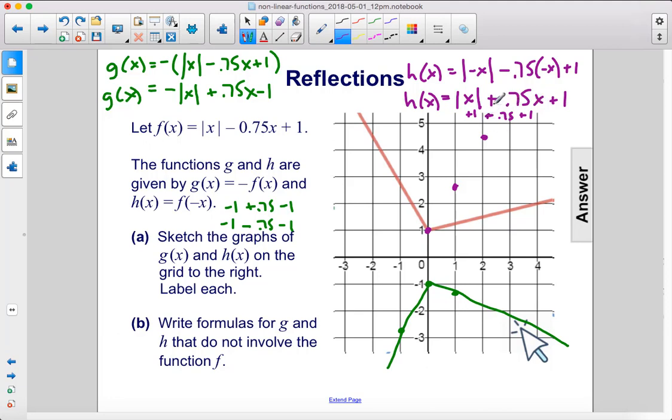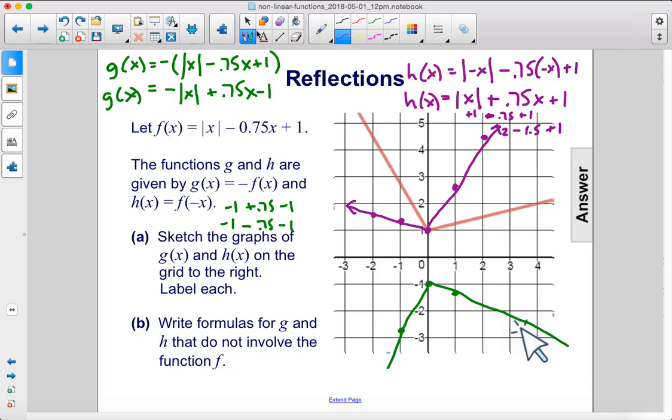So 1 minus 0.75 plus 1 becomes 1.25. So 1.25 is here. If we put in negative 2, we would get positive 2 minus 1.5 plus 1. So 2 minus 1.5 is 0.5, plus 1 is 1.5. So that's here. All right, so this is looking like that.